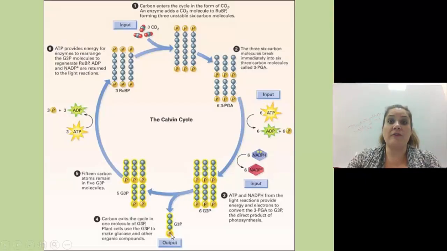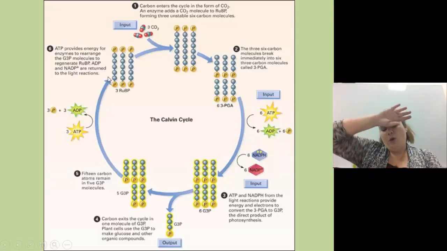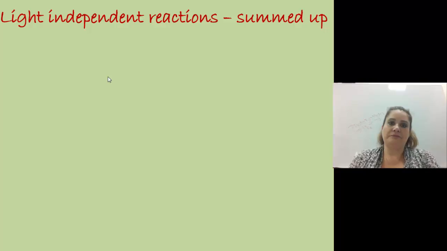One of those goes off to become a glucose, the other 5 get recycled, more ATP comes in to help them get recycled, and they become RuBP again, and they go through again with 3 more carbon dioxide molecules, till we have another 3 carbon molecule, and now we've got an entire glucose made, and our RuBP needs to get recycled. Whew, that's a lot of work.